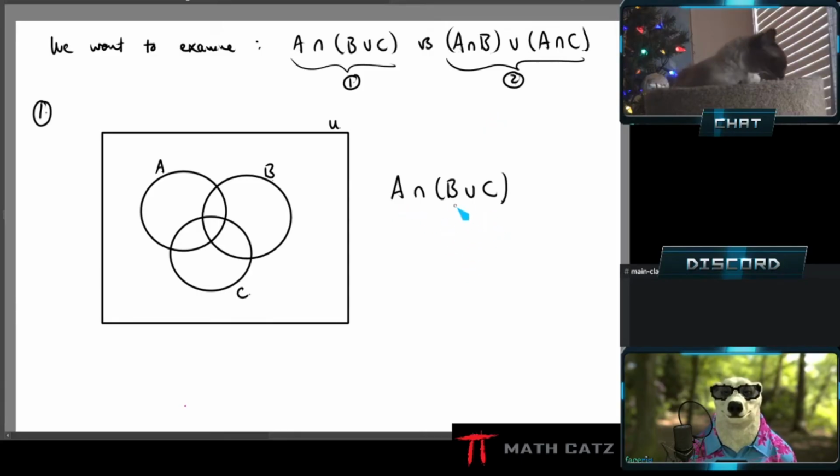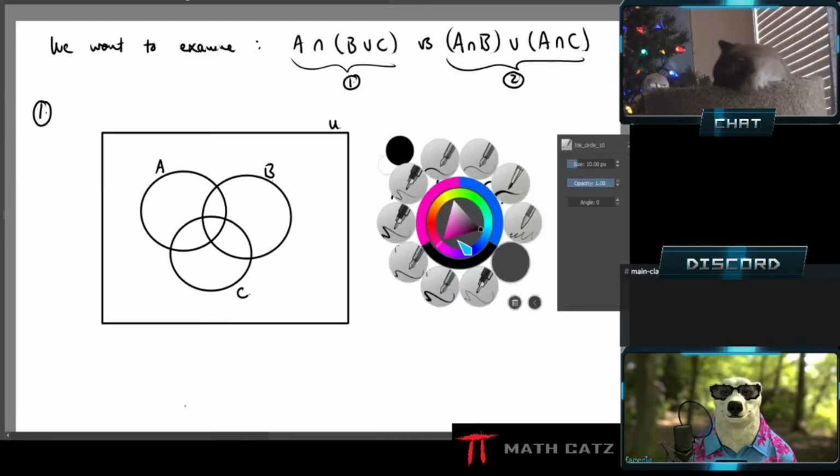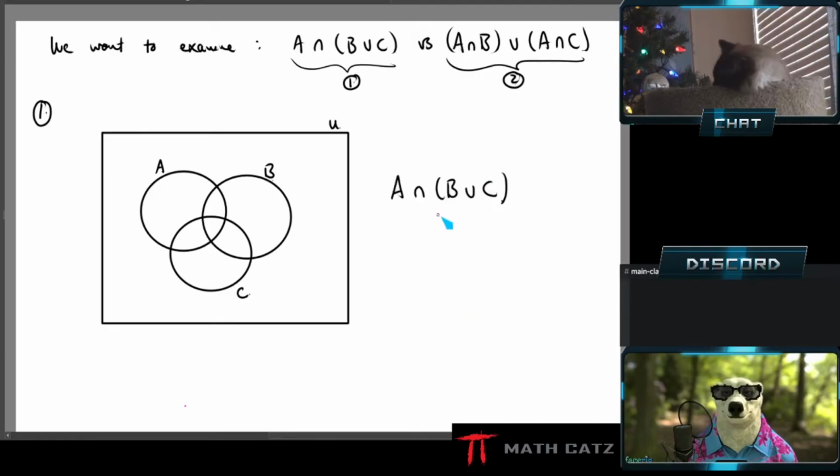So let's use some colors. Colors always work. Always helps. Let's go with pink. I'm gonna make this pink. I know it's not my ultimate answer, but that is what I'm going to start with.